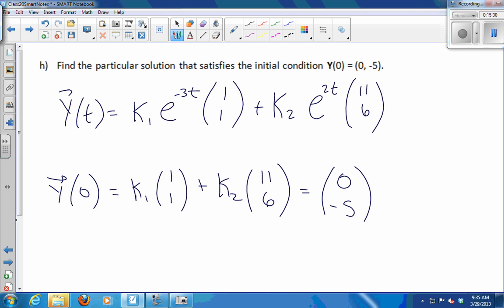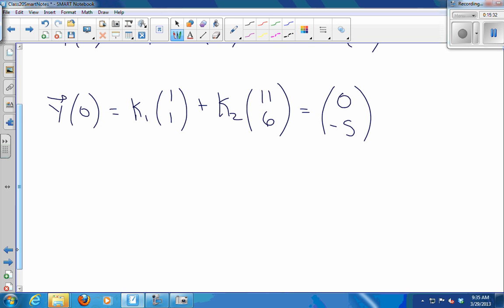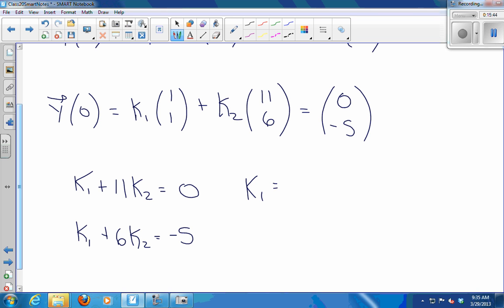This is just a system of equations: k1 plus 11 k2 equals 0, and k1 plus 6 k2 equals -5. Then you just plug those k values into the general solution, and you've got your particular solution.